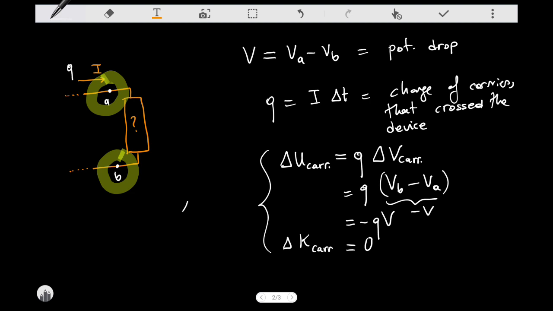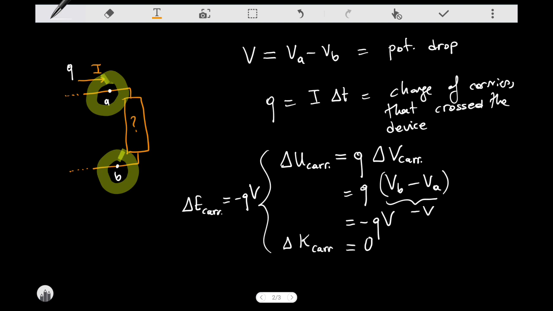So therefore, we have delta E carrier, the change in the total energy of the carriers, given by minus Q times V. But during that motion, the charge carriers have also interacted with the device.